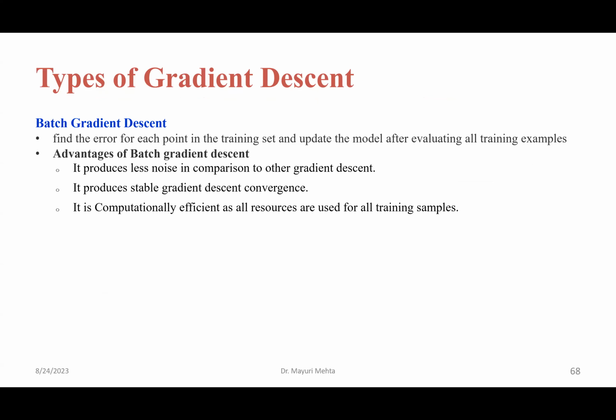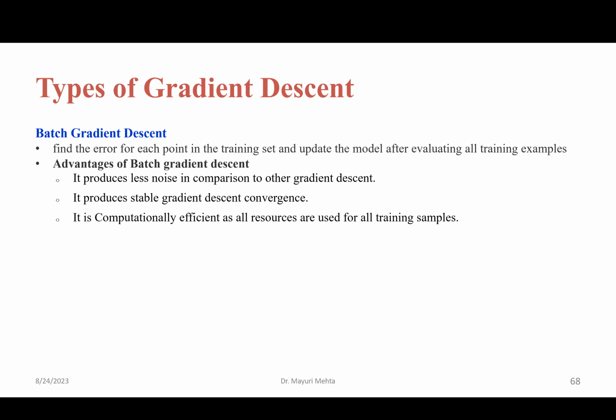Batch gradient descent is used to find the error for each point in the training set and update the model after evaluating all training examples.